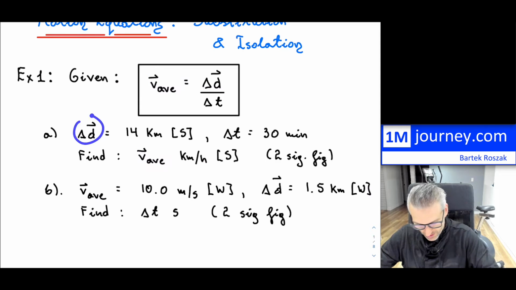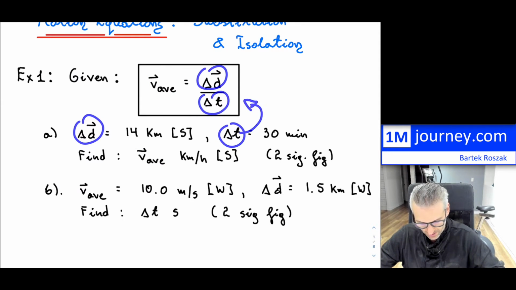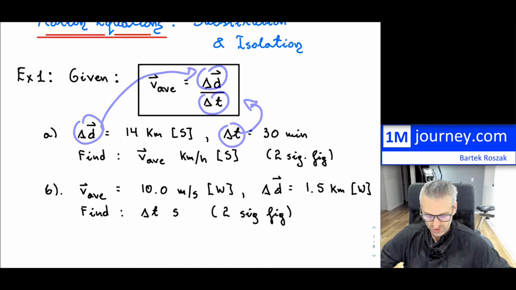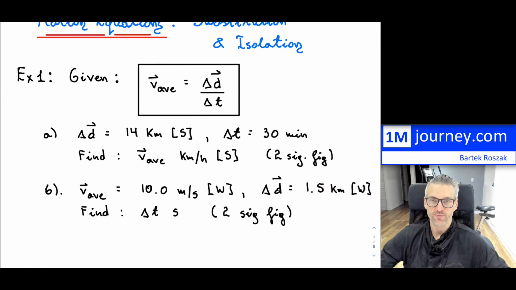Notice we have this and we have this, so we can substitute these back in here and find our average. Here's the first thing to be aware of: you need consistency of two things which you don't normally think about when substituting into formulas.